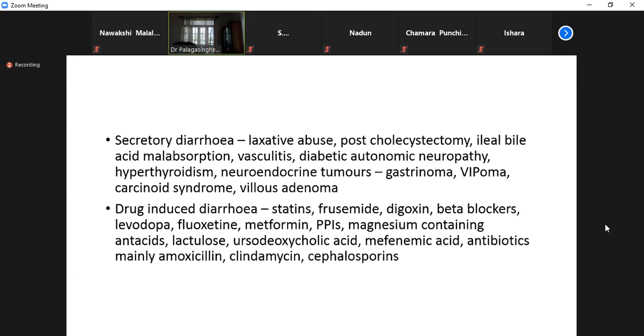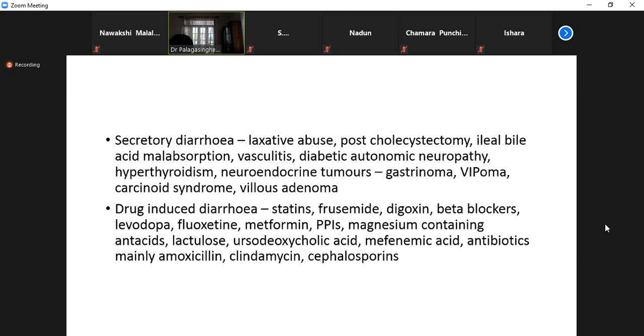The hallmark of secretory diarrhea is that it does not settle with fasting, unlike osmotic diarrhea, where the hallmark is that it settles with fasting. So the patient may go on to have nocturnal episodes of diarrhea. The patient may be woken up from sleep with episodes of diarrhea.